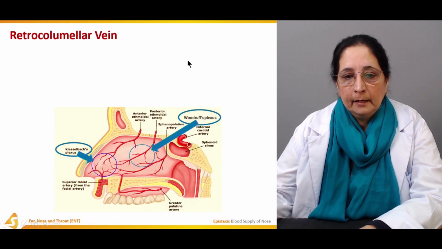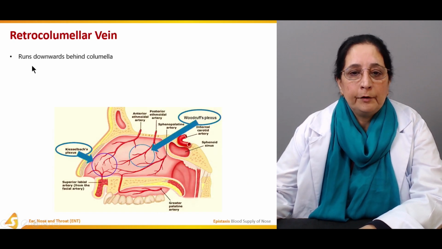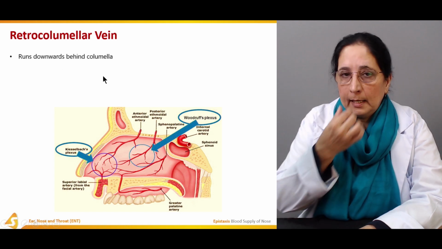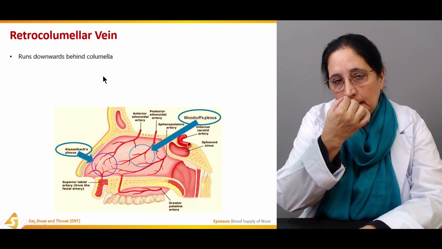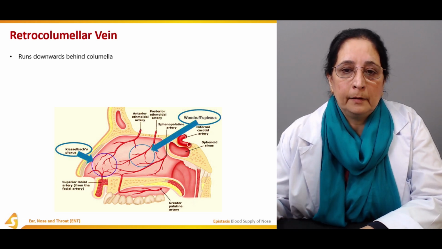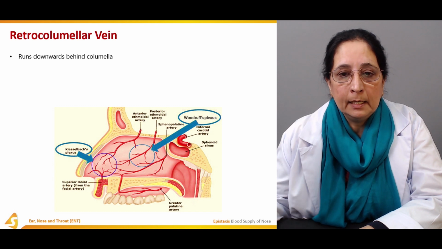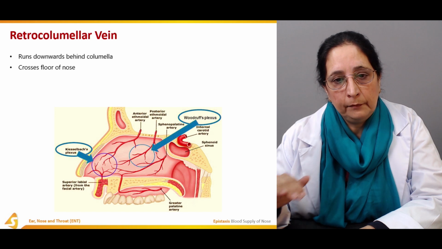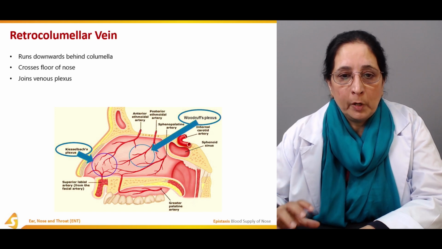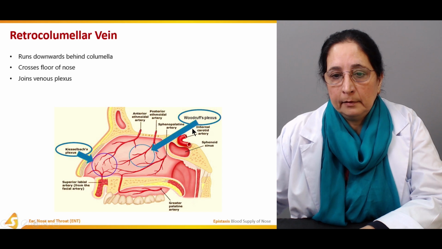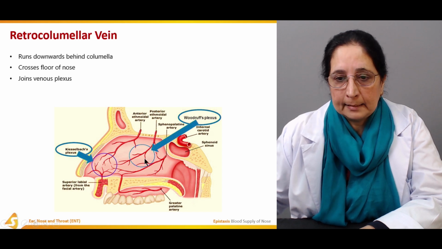Retrocolumellar vein. Retrocolumellar vein runs downwards behind the columella. Columella is the front part of the nose here, and this vein runs behind the columella, crossing the floor of the nose. So it's on the floor of the nose. It joins a venous plexus. This venous plexus here is the Woodruff's plexus.